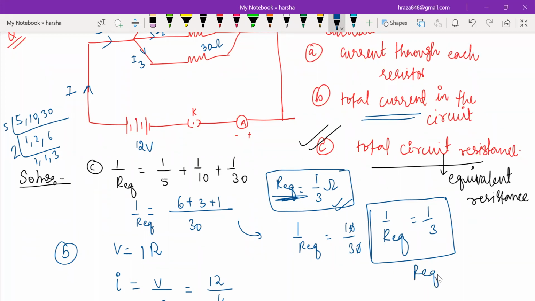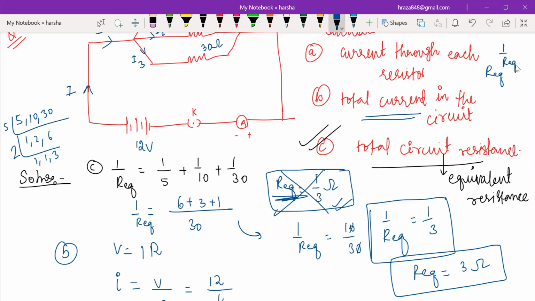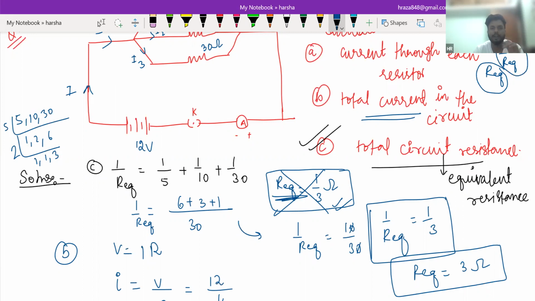So R equivalent has a value that is 3 ohm, not 1 by 3 ohm. Is there any difference between R equivalent and 1 upon R equivalent? Yes, sir, there will be a difference between R equivalent and 1 upon R equivalent. So you both gave me the wrong answer, 1 by 3 ohm. The value is 3 ohm.